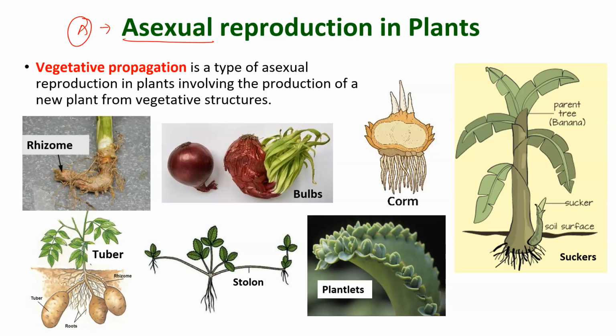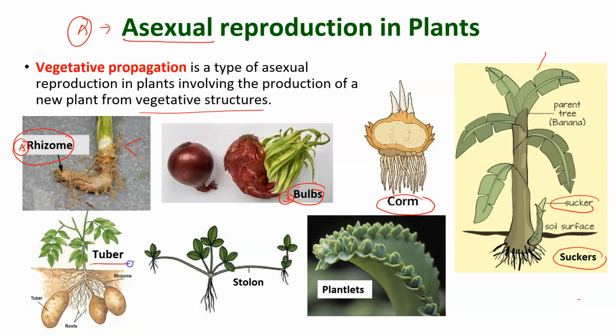Vegetative propagation is a type of asexual reproduction in plants involving the production of new plants from vegetative structures. Examples of vegetative structures: you can have bulb such as in onion, rhizomes such as in turmeric or ginger, corm, and suckers such as in plantains.